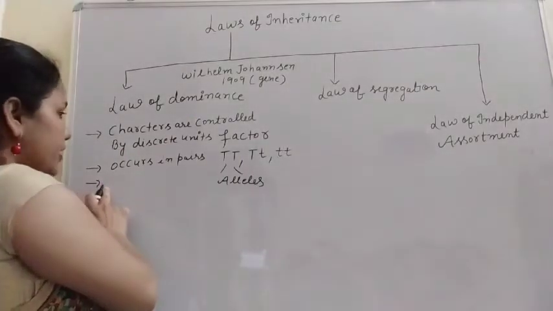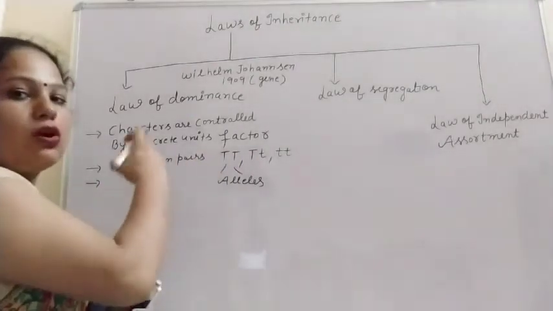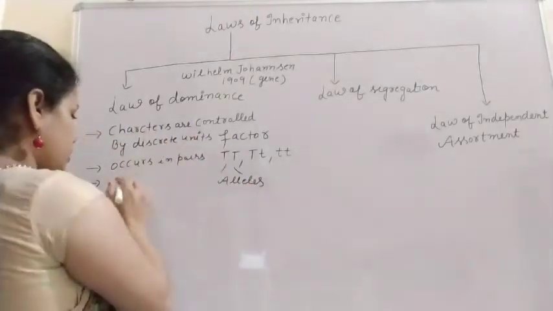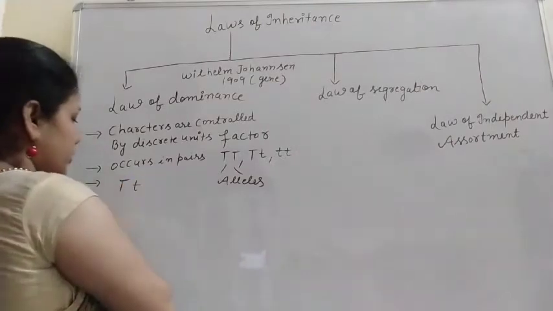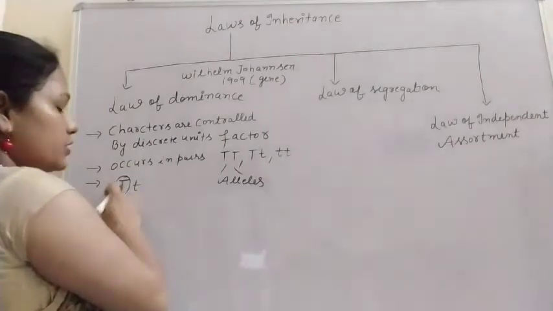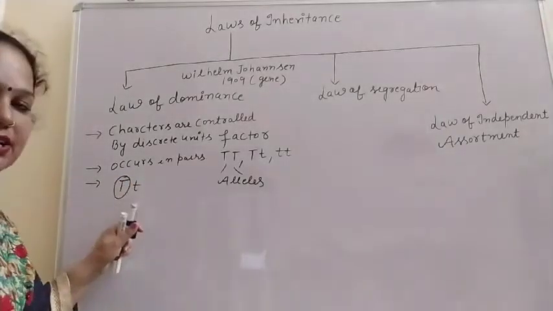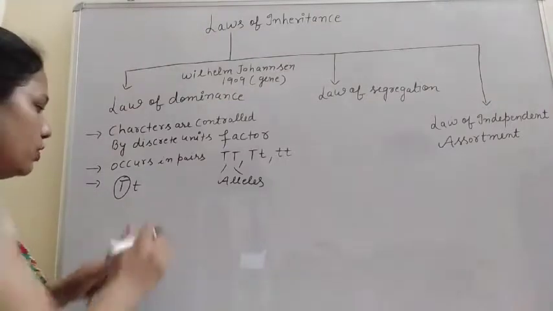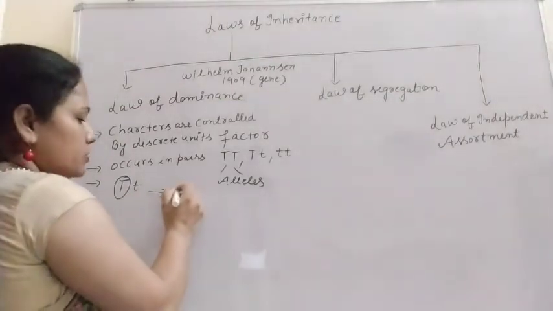Next, the third point is that if there is a homozygous or heterozygous condition, in case of the heterozygous condition like capital T and small t, this capital T is dominant over small t, which means there is no medium height, only tall, because capital T is dominant over small t.